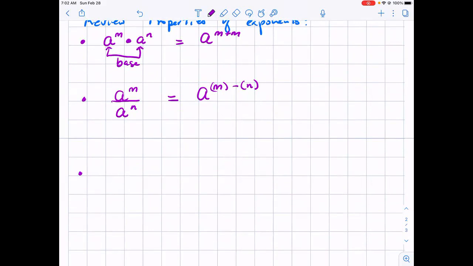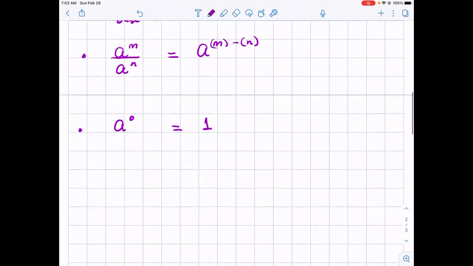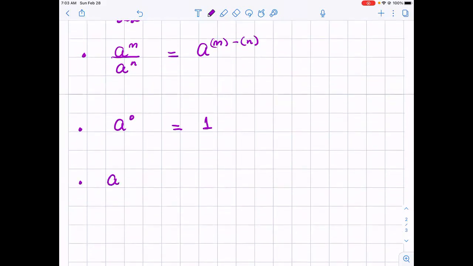If we have a to the 0 power, anything to the 0 power is 1. If we have a to the n raised to the mth power, this is equal to keeping the base and you multiply, or distribute, the outside power to all of the powers in the parentheses.